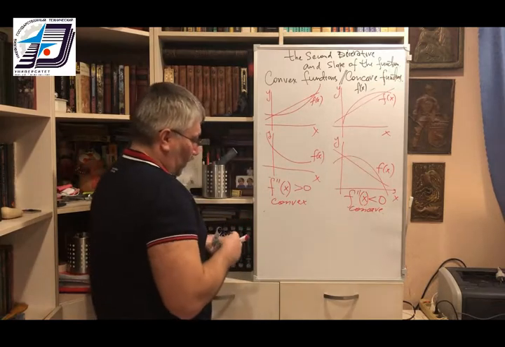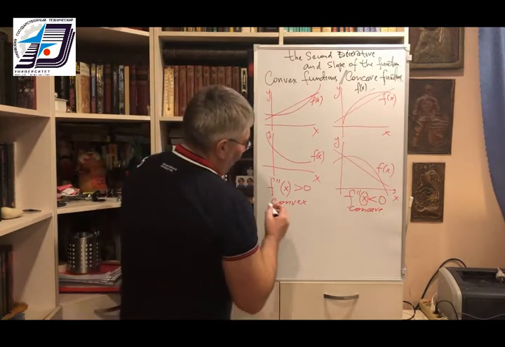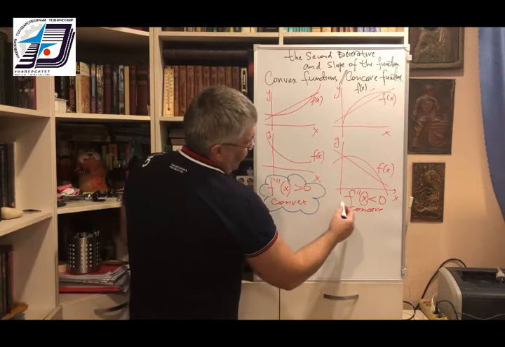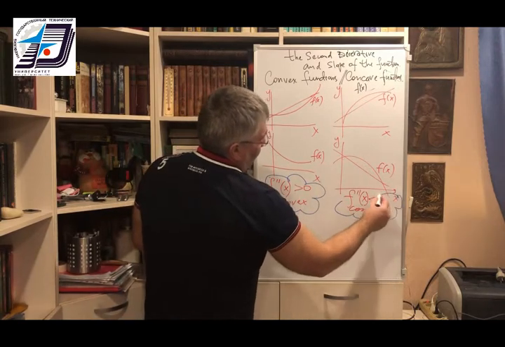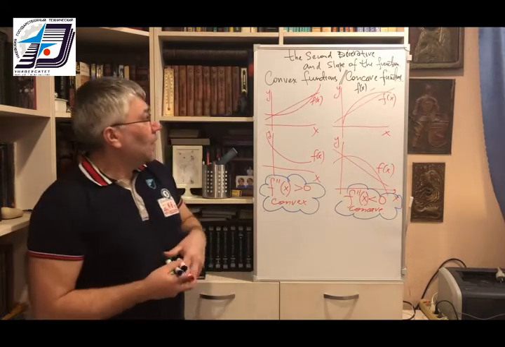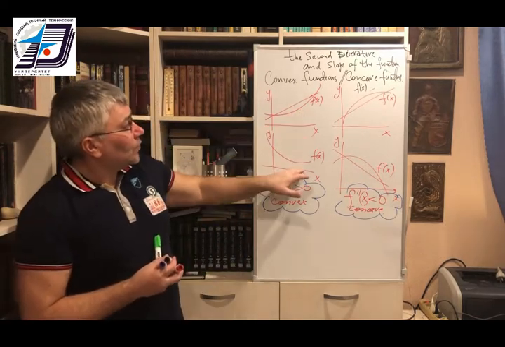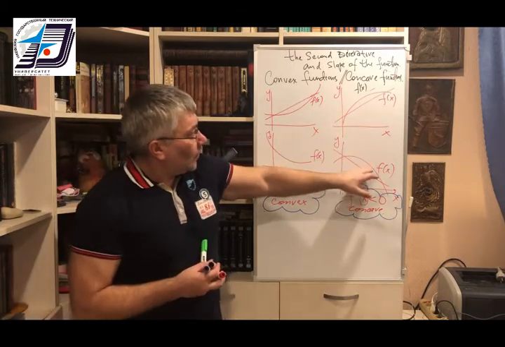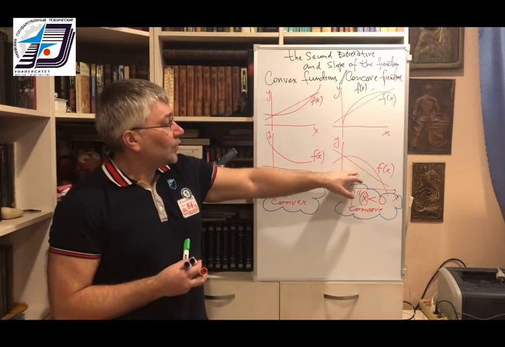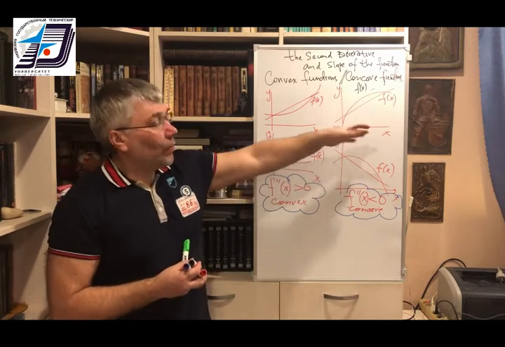So here you have examples of convex functions and concave functions, and here you have a criterion for how we can check if a function is concave or convex within some interval.